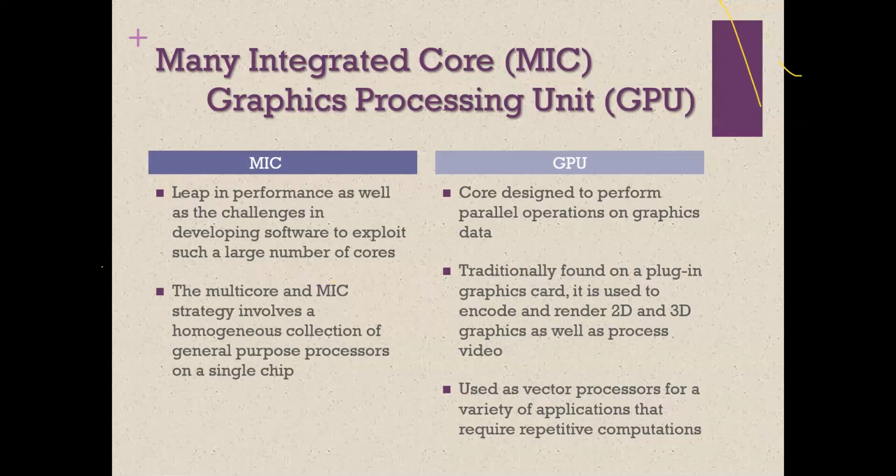So this led to the introduction of a new term called many integrated core, MIC, many integrated cores. So the multi-core and the MIC strategy involves a homogeneous collection of general purpose processors on a single chipset.